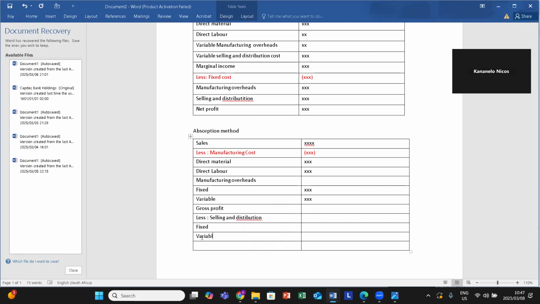You record the respective amounts there. In fact, selling and administration, apologies. Selling and administration, that's it. Even here, it's supposed to be selling and administration.